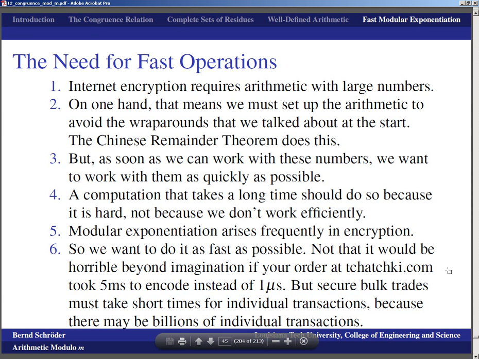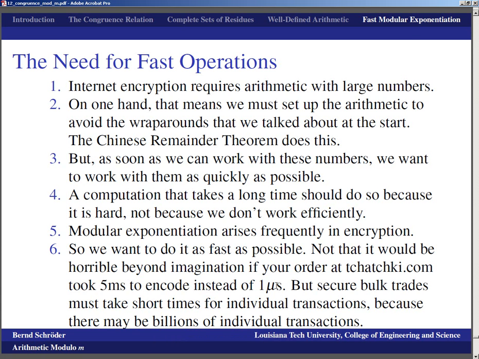There may be billions of individual transactions, and so all of a sudden, if you're looking at something that takes on the order of milliseconds, then a billion transactions would take 5,000 seconds, and that's slow based on the market, right?